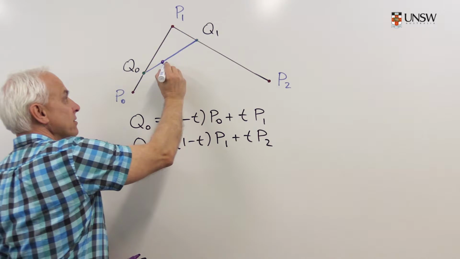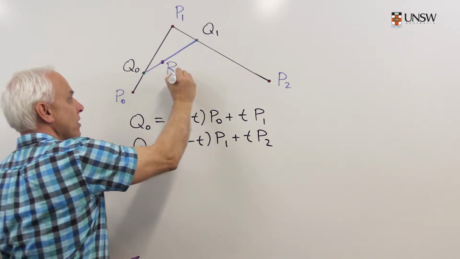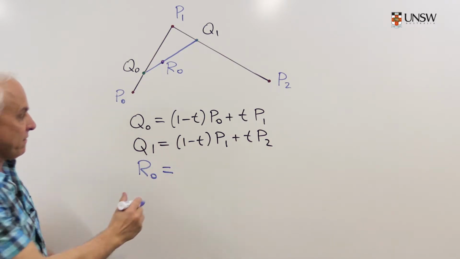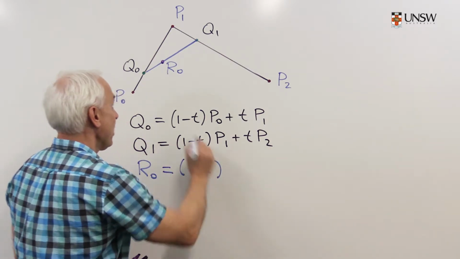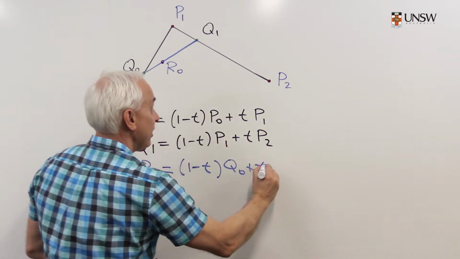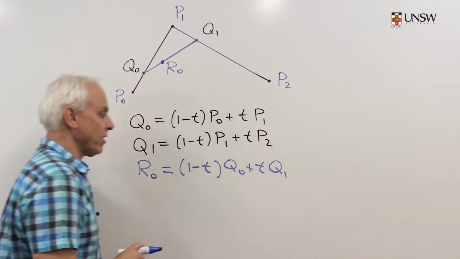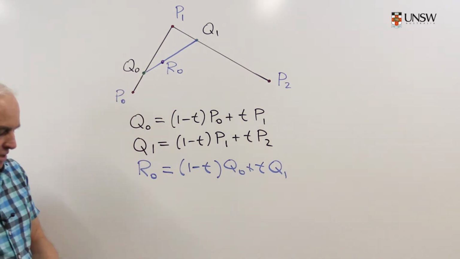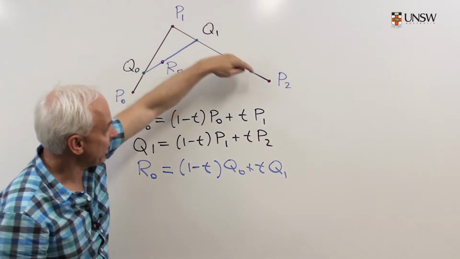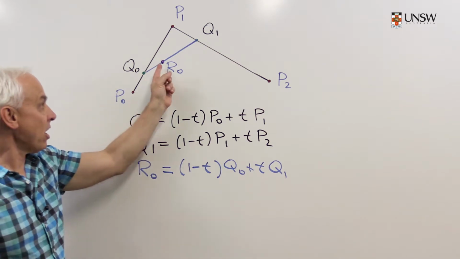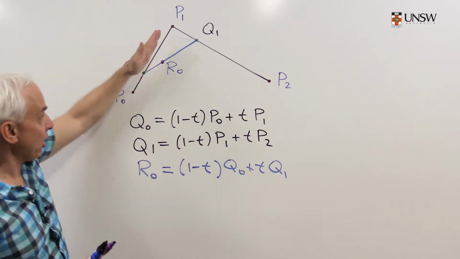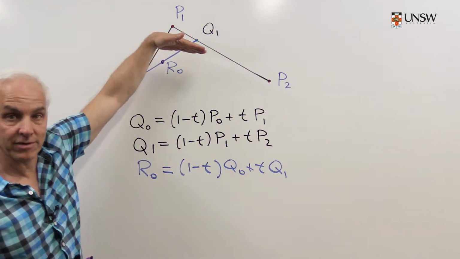Let's call it R0, by the same kind of formula, 1 minus t Q0, the first point, plus t Q1, the second one. So while Q0 is going from P0 to P1, Q1 is going from P1 to P2, this R0 point is at the same time venturing from Q0 to Q1 along this moving segment.